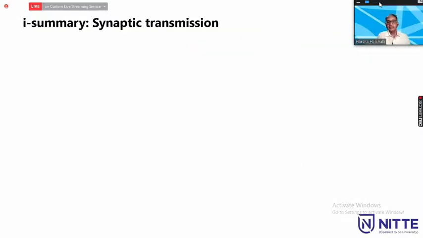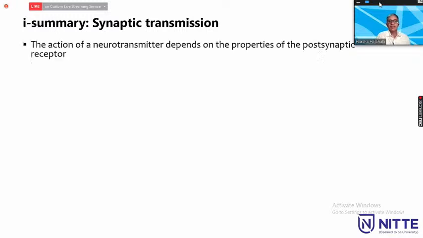To summarize part 2, synaptic transmission: the action of a neurotransmitter depends on the properties of postsynaptic receptors. This is very important. It is not dependent upon the neurotransmitter, but rather on the postsynaptic receptor. For example, dopamine can act on one set of dopamine receptors to cause excitatory postsynaptic potentials. The exact same neurotransmitter can act on a different set of postsynaptic receptors to cause an inhibitory postsynaptic potential.